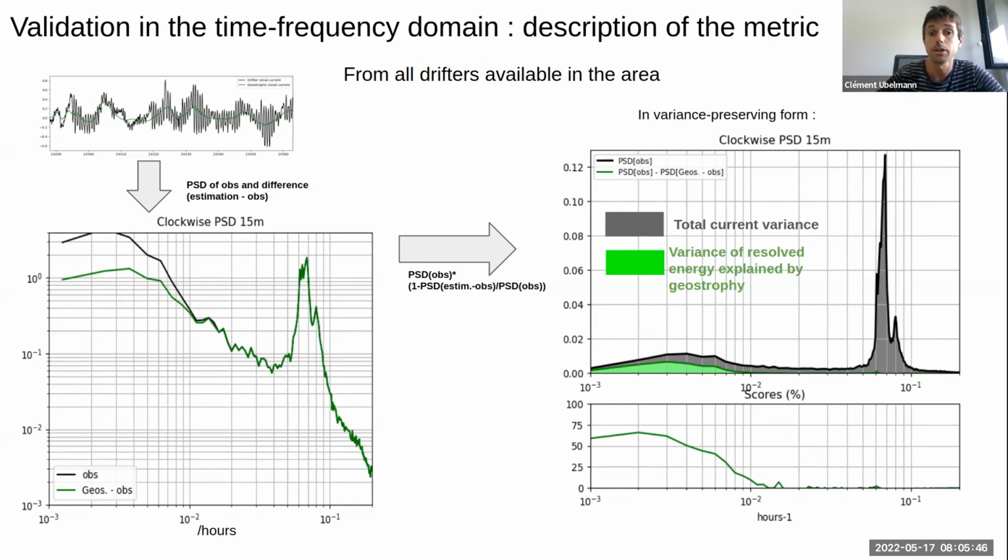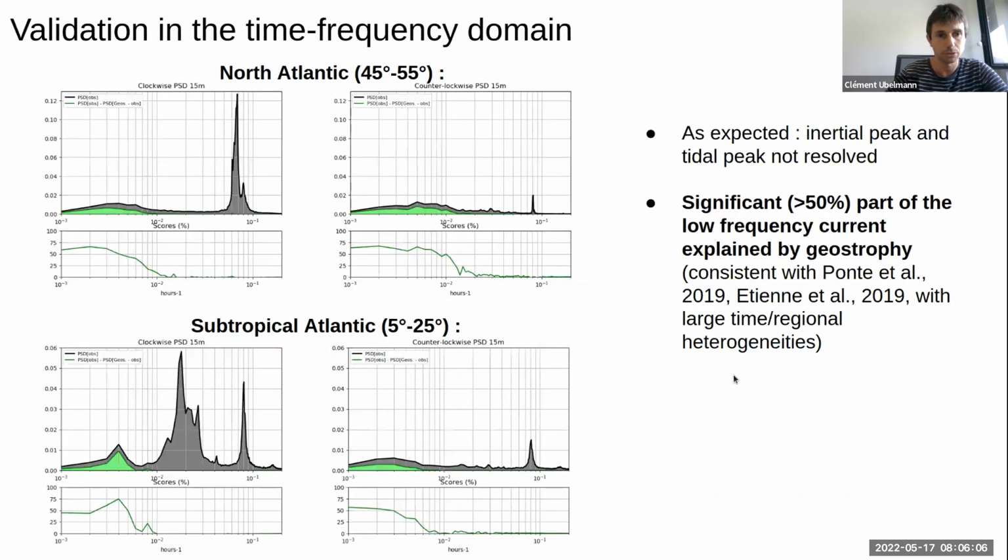We can clearly see how much of the variance as a function of scale is explained by the resolved geostrophy from altimetry with respect to the total current from the drifters. At the bottom here is the percentage of the ratio, what we call a score. We'll use that metric all along the few slides of introduction.